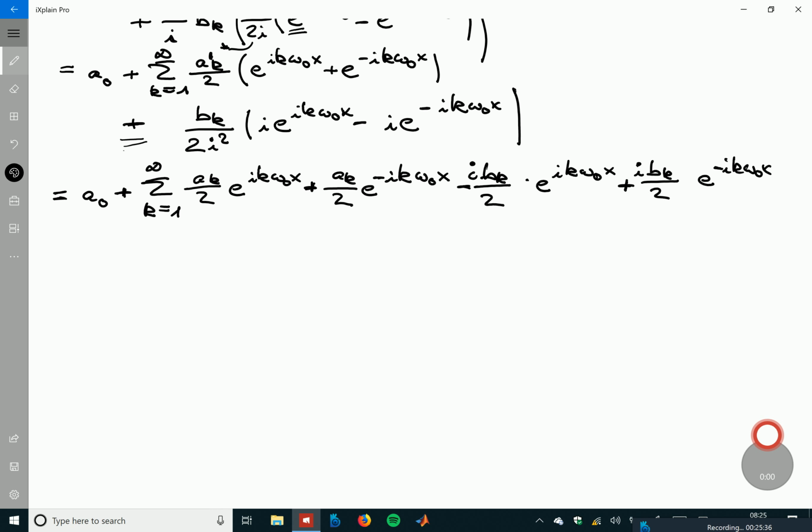Sometimes they ask about the ideas of how things come along. I don't think there's a question about this because this is not really idea-driven. When we derive the BK and the AK coefficients, where we use the trigonometric orthogonality properties, I might ask for the general idea of how to get there, but this is just rewriting with a little bit of tricks.